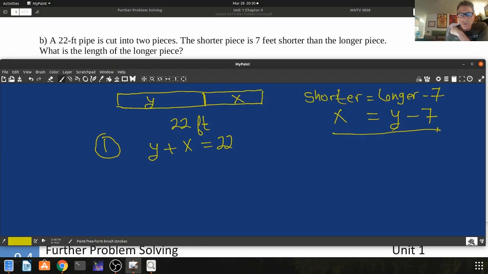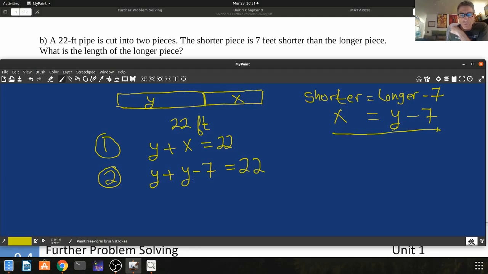So I'm going to rewrite equation 1, replacing x with what it's equal to in terms of y. So y is the same, but x is equal to y minus 7. So I just put the two pieces I needed together.